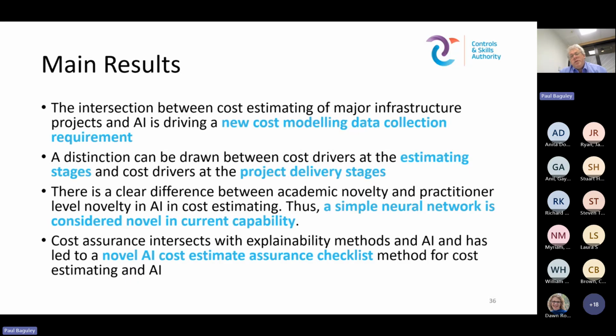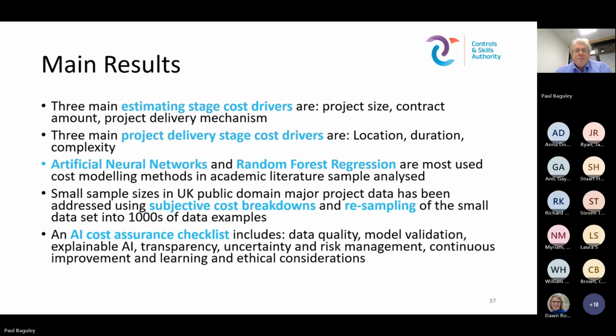But that's the statistics type solution, which you see in other areas of stats. And now we have some proposed cost assurance questions emerging from analysis of AI journals and cost. And explainability is a topic area of AI which intersects with that.